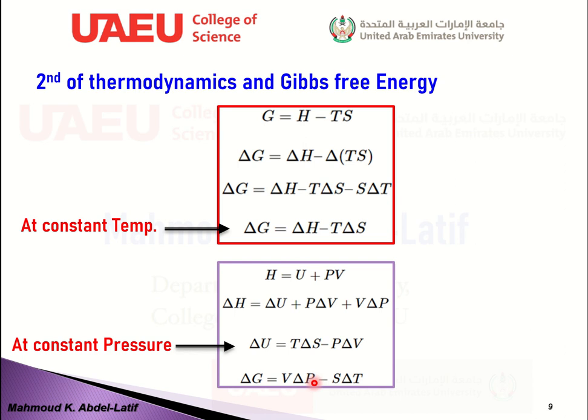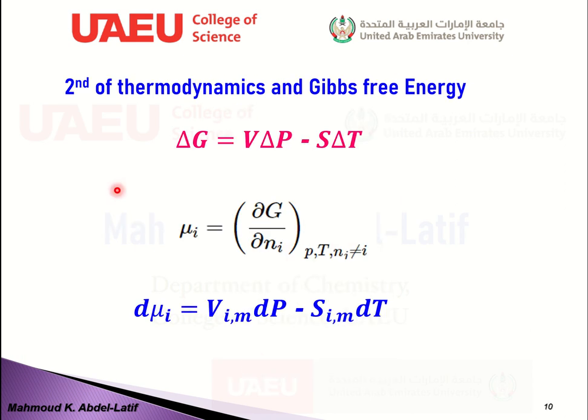Okay, just remember this equation, we are going to use it later once we use molar Gibbs free energy, as I'm going to show you later on. So the second law of thermodynamics and the Gibbs free energy is given by this one: the change delta G equals V delta P minus S delta T. We have already defined the chemical potential as the molar Gibbs free energy. Okay, mu i is the partial derivative of G with respect to the number of moles i, for example.